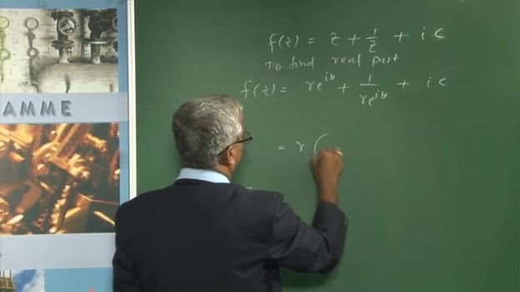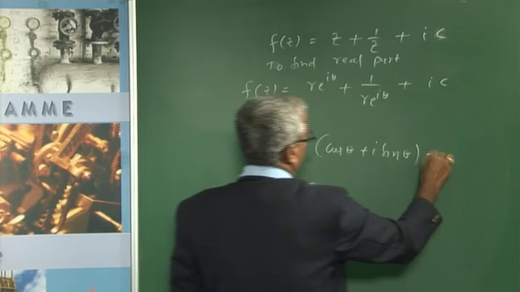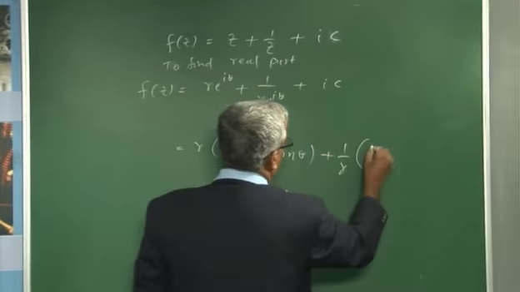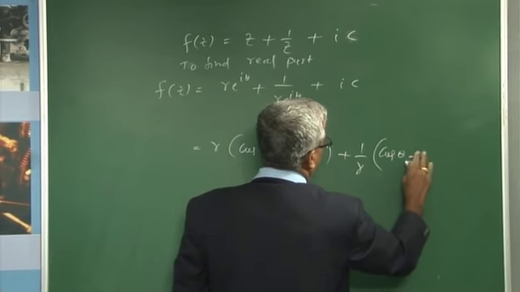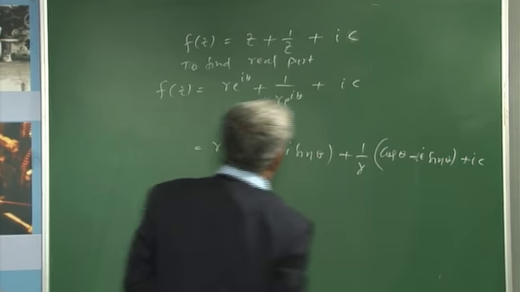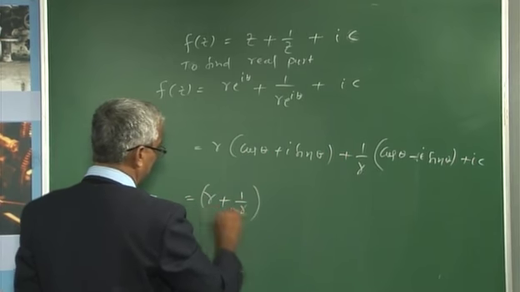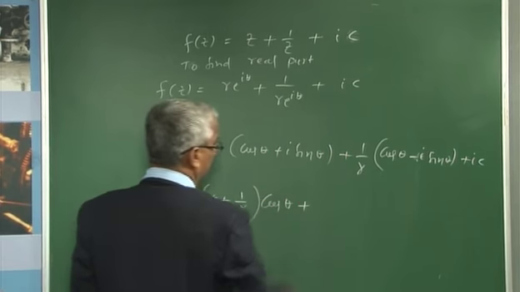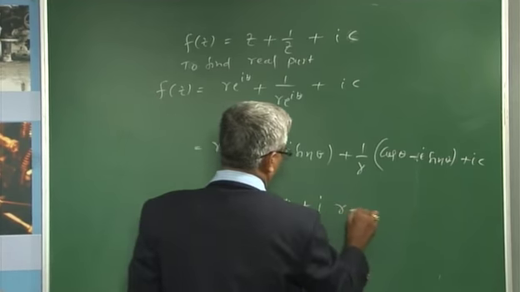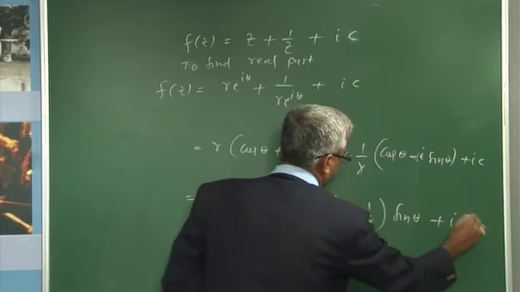That gives r (cos theta plus i sin theta) plus 1/r times, because e^(iθ) is this one, by de Moivre's theorem, (cos theta minus i sin theta), plus iC. You simplify this and find r plus 1/r is cos theta plus i times (r minus 1/r) sin theta plus iC.